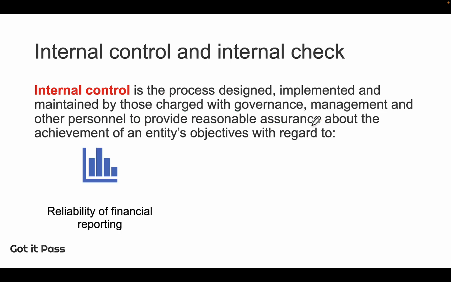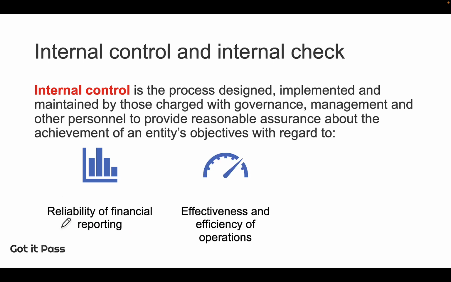To achieve the entity's objectives for, first, reliability of financial reporting. That means internal control can help to ensure the financial figures are reliable. Next, effectiveness and efficiency of operations.